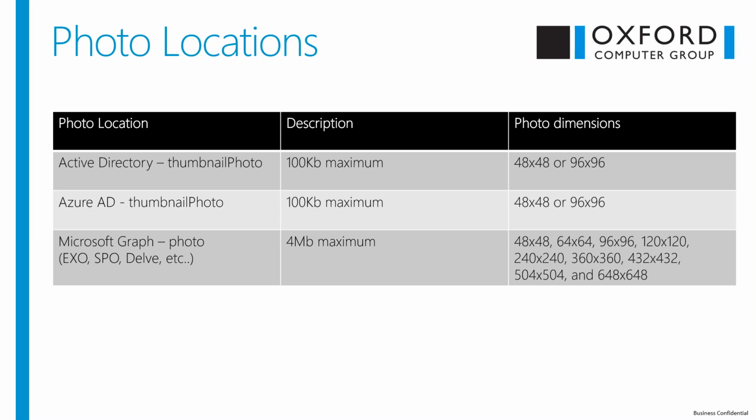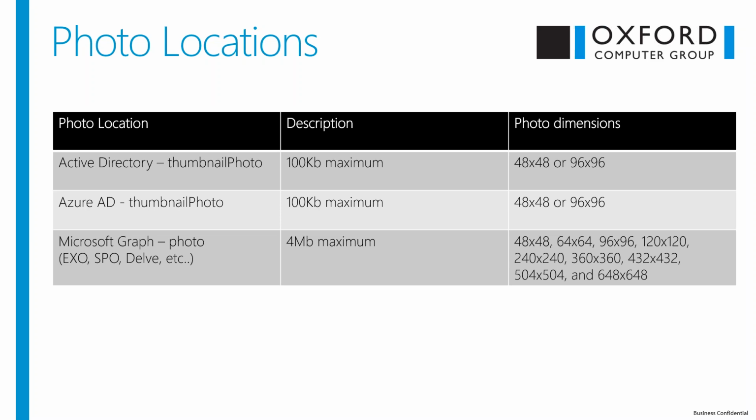So for photo locations, this is where we're talking about where these photos are being stored and some of the limitations around that. In Active Directory, we have the thumbnailPhoto attribute, with a 100 KB maximum size, and the recommended photo dimensions are 48 by 48 or 96 by 96. Azure AD follows the same logic as Active Directory.